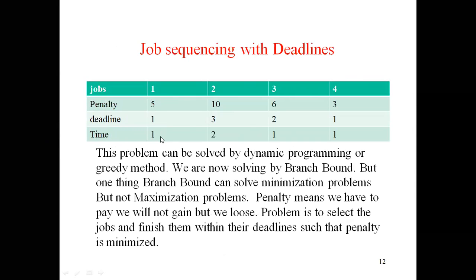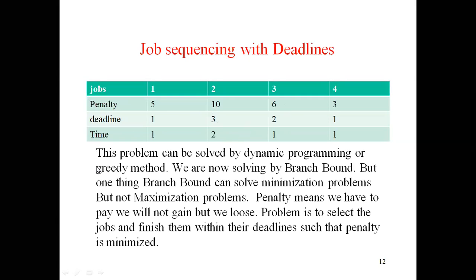Suppose job 1 takes 1 unit of time, job 2 takes 2 units of time, job 3 takes 1 unit of time. Suppose if job 2 is not completed within the deadline 3, then the penalty is 10. Like this, you can understand the values given in the table easily according to the job sequencing problem.